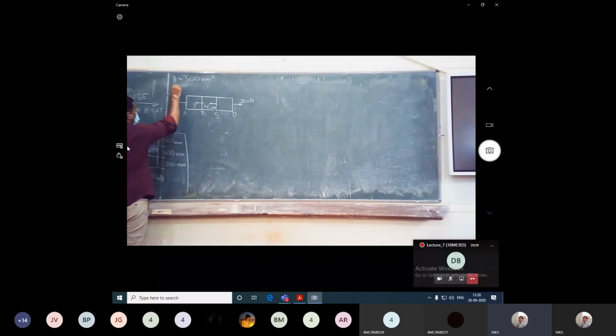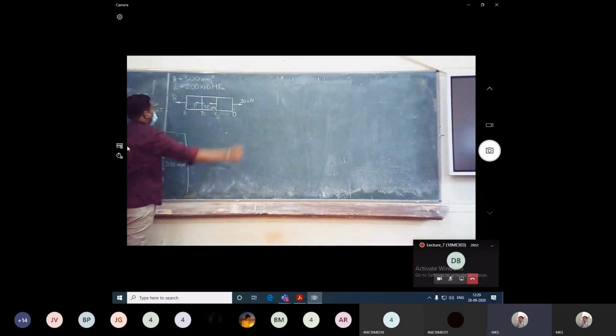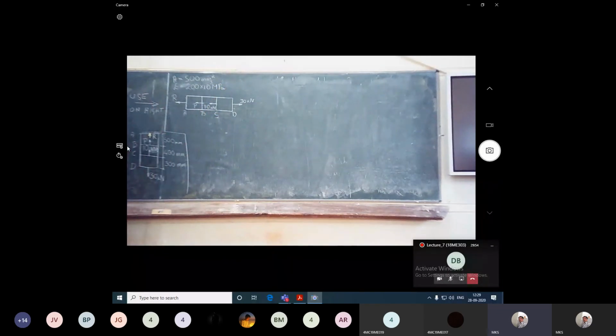Throughout the section, it is a common material. Modulus is 200 gigapascal, so it is 200 into 10 to the power of 3 megapascal, that is Newton per mm square. It is in mm. So what is the length? The length of the bar is given.